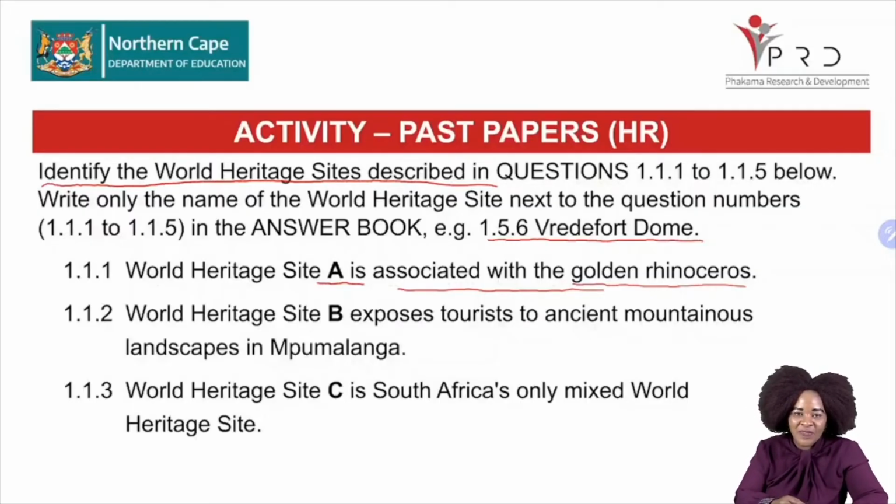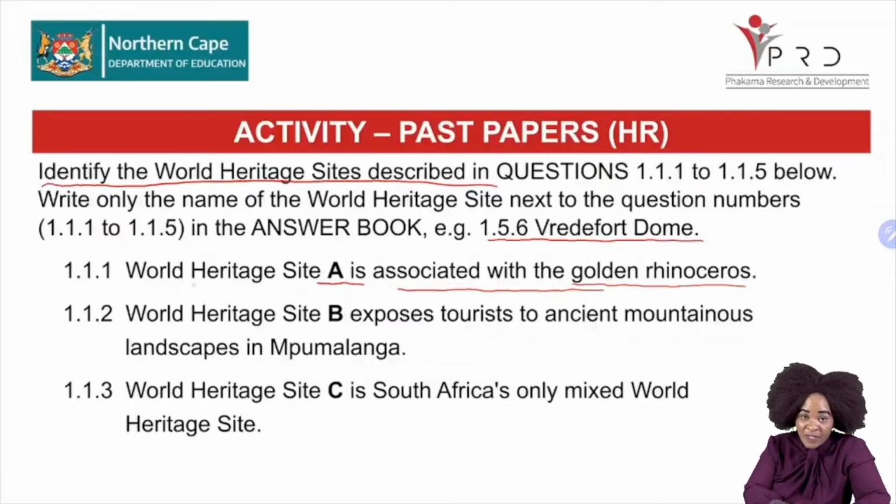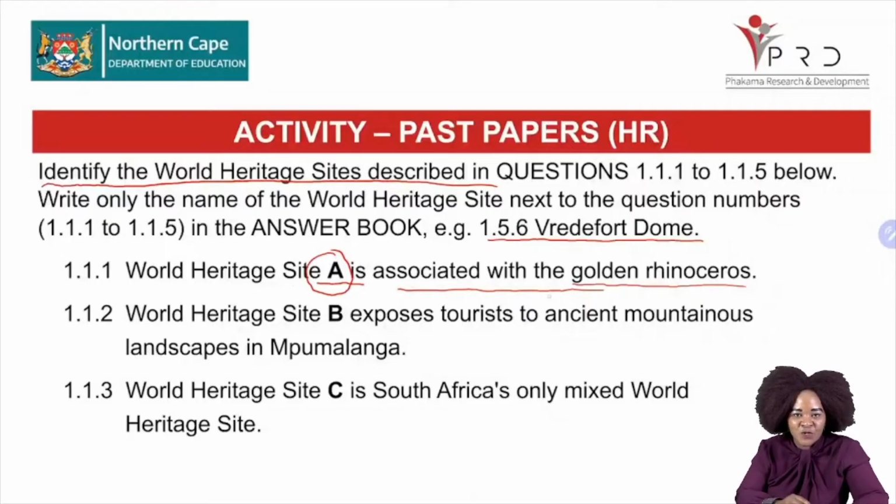As we are busy with the lesson, as soon as you see the questions, can you please keep writing your answers so that when we get to the solution section, you are already just marking yourself. So now, already you've written your correct answer. What is the name, grade 12 learners, of that World Heritage Site?